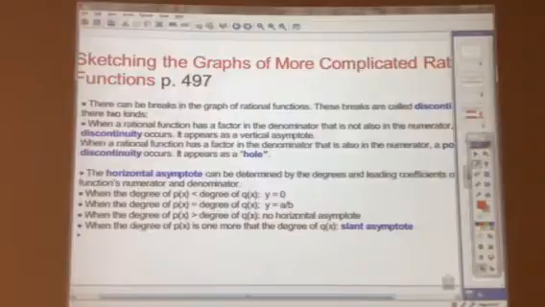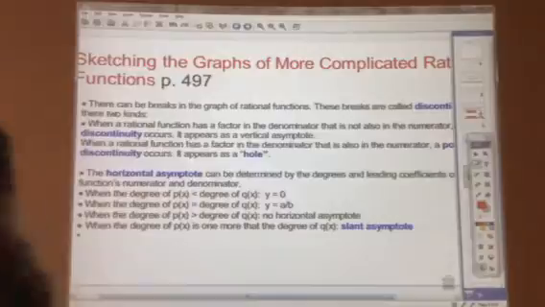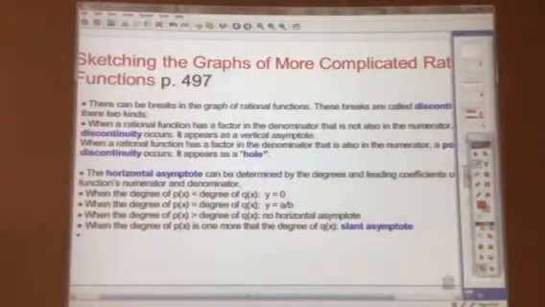It appears as a vertical asymptote. So what that's saying is, if I have a factor in the denominator that is not in the numerator, so let's say this is my problem: x plus 2, x minus 7 over x minus 3.